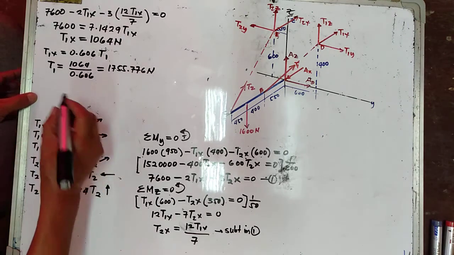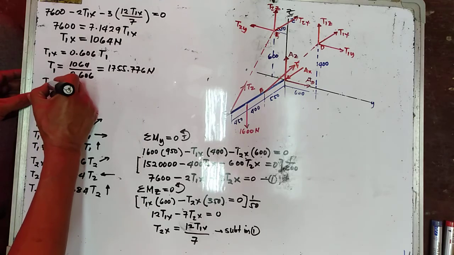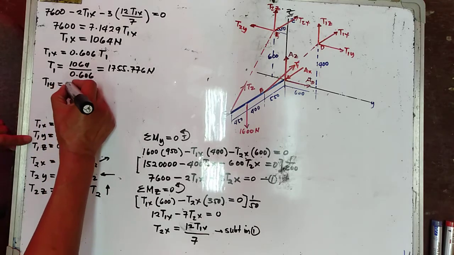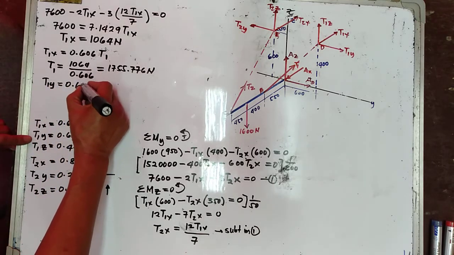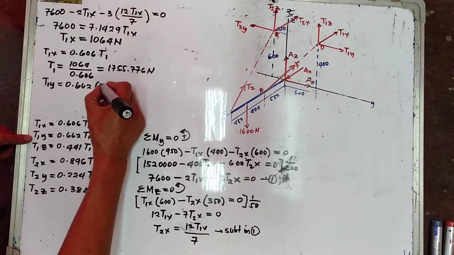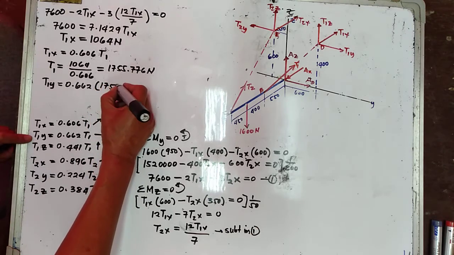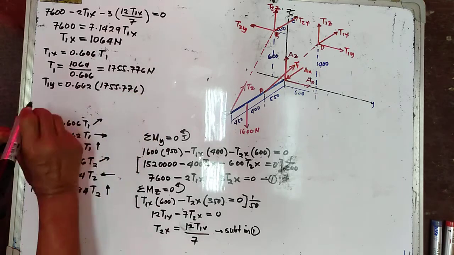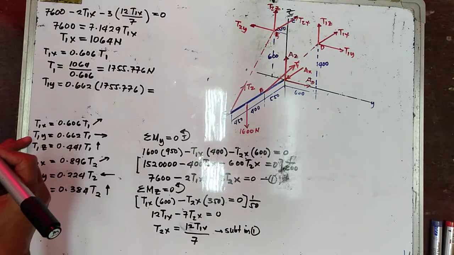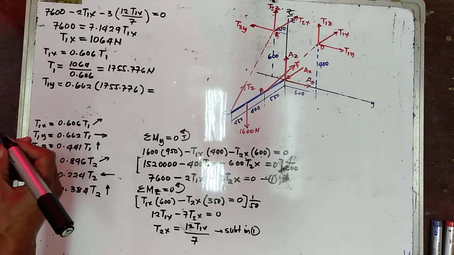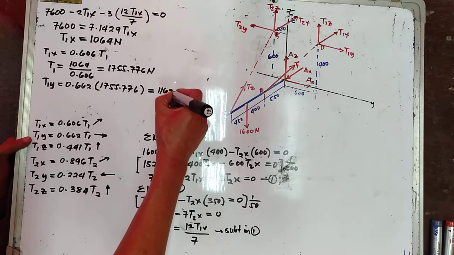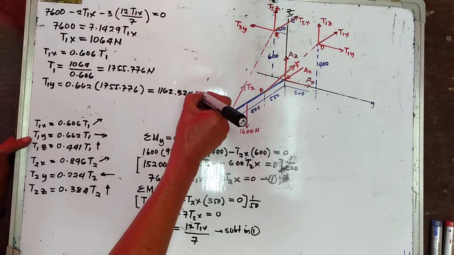So we have your T1Y is 0.662 T1, and the value of T1 is 1755.776. Therefore your T1Y is equal to 1162.324 newtons.